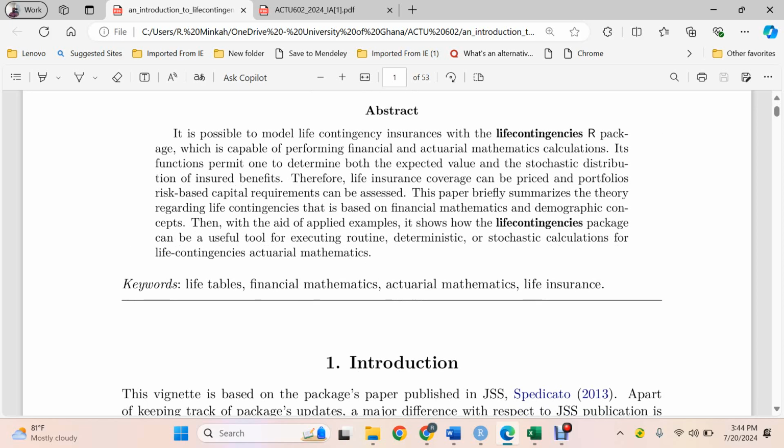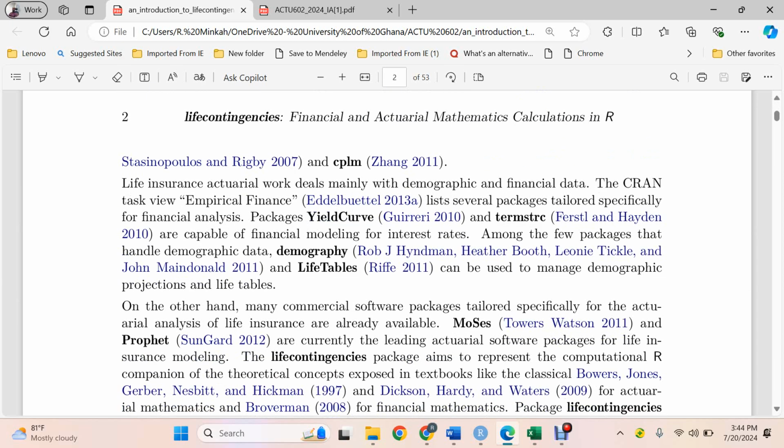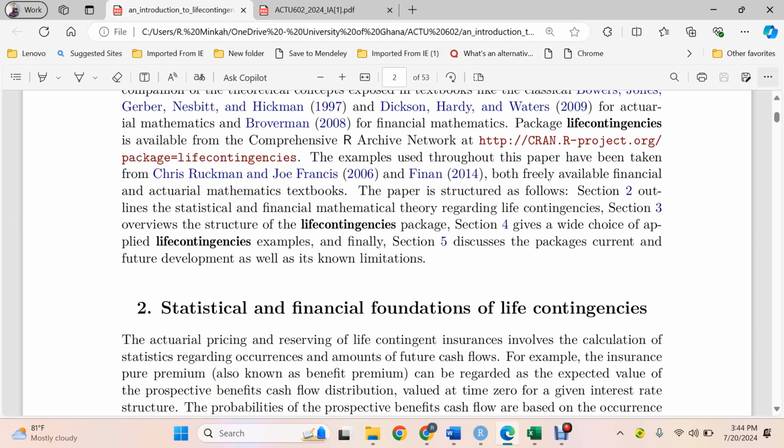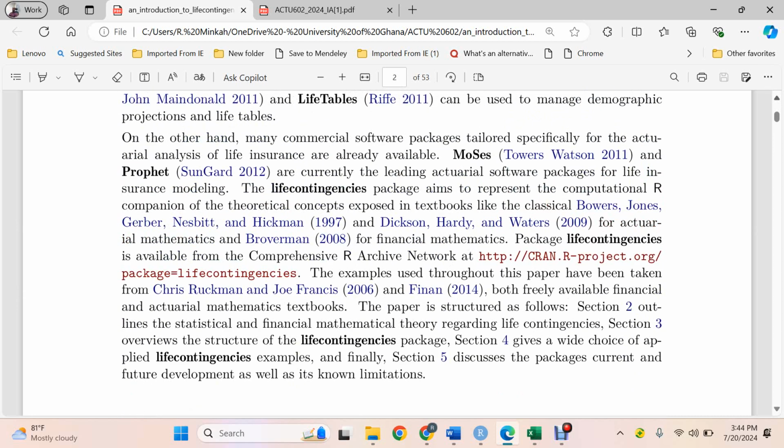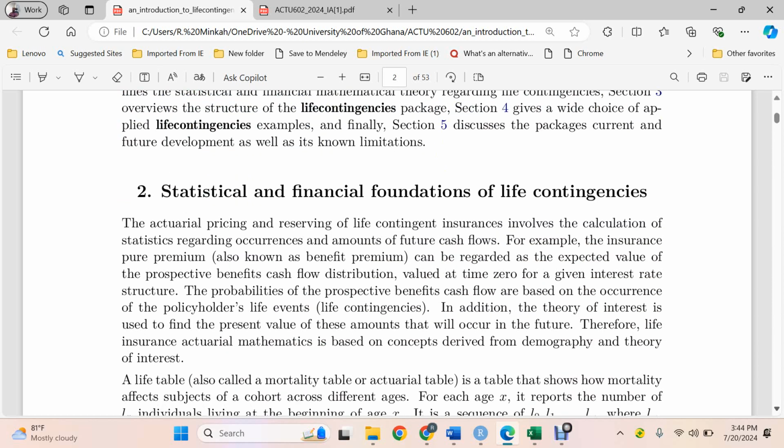First there are life tables here, and this will help you in your project as well. If you want to do something on life contingencies, you have a package that will help you to do it. There are others associated with this.